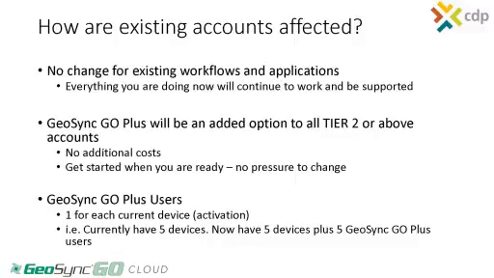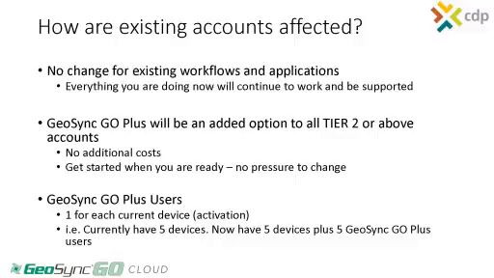You work back with our technical staff, and when you're ready, you can begin to take advantage of GeoSync Go Plus and fit that in in a way that makes sense. If you have a Tier 1 account, you would have to upgrade to Tier 2 before you could get access to GeoSync Go Plus.